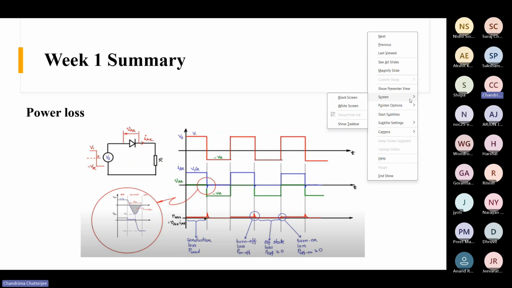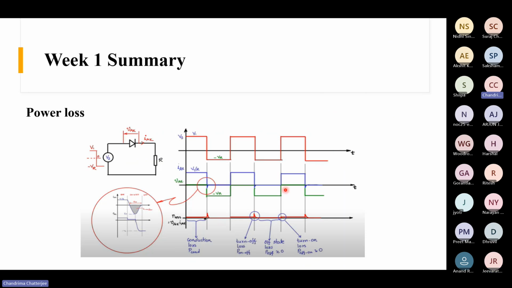But from turn on to turn off, as the reverse recovery occurs, there is some loss, and this is substantial. But during this region, the loss is very small, so usually we neglect it. This is not a very significant value, so we don't usually consider it, right? But some loss occurs. It is not zero completely.